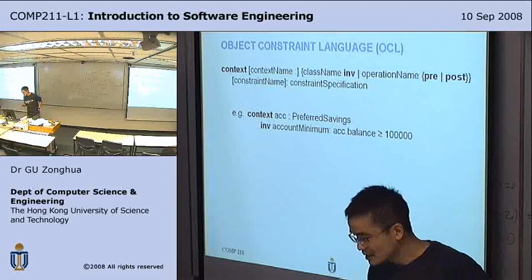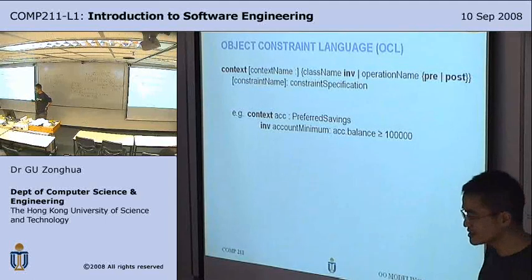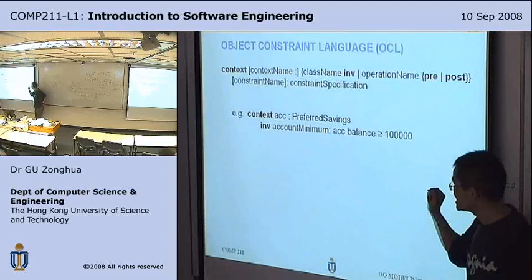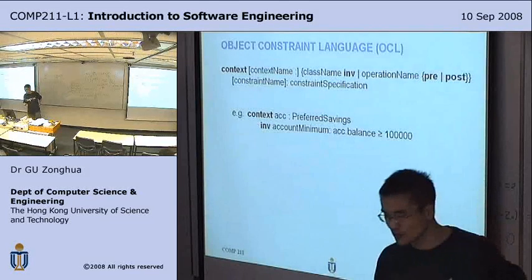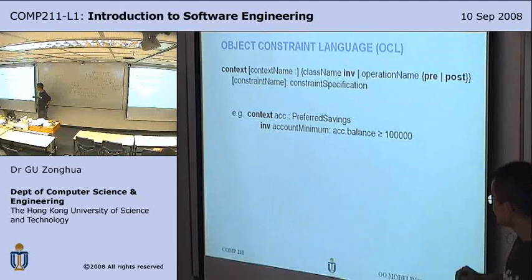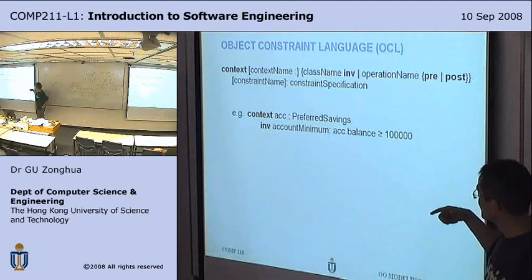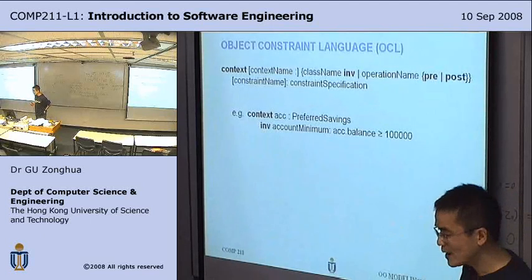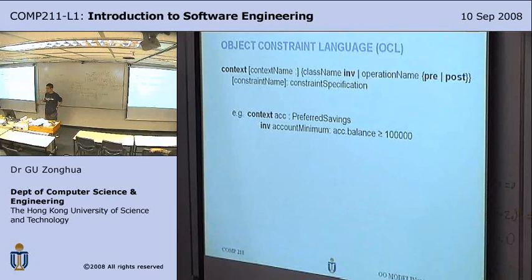It says AccountMinimum, which is the constraint name, colon ACC.balance greater than or equal to 100,000. It means that any object of the PreferredSavings class must have an attribute balance that is greater than or equal to 100,000.